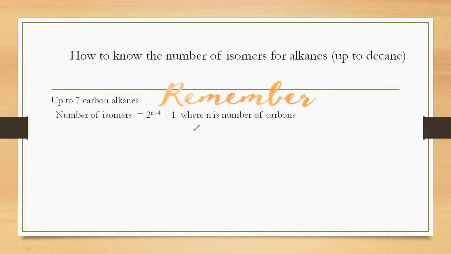So methane, ethane, propane have only one isomer. Only one form will be there for them. They don't exist with more than one isomeric form. So as I said, if the value of n minus 4 is negative, neglect that value of 2 to the power n minus 4.